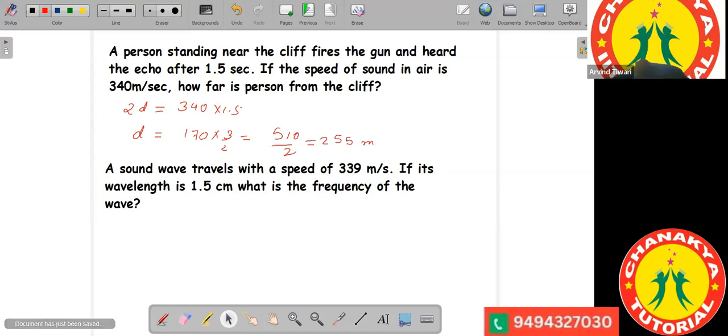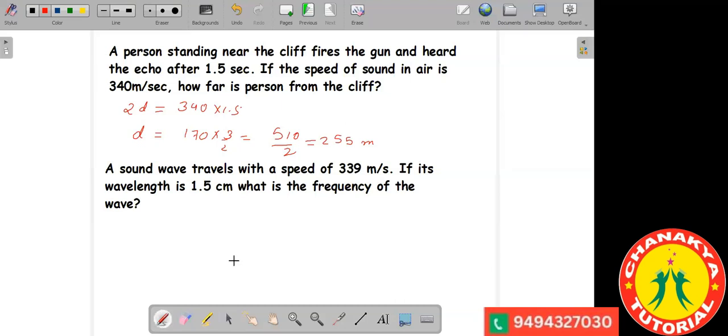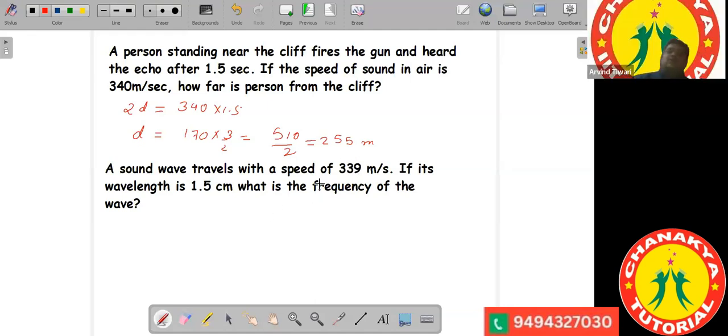Okay, so let's continue now. Siddhisri, which formula is to be used here? Can you guess the formula that will be used? Sir, I'm not getting this one. Okay, so write this in terms of symbols. What is given in the first statement?